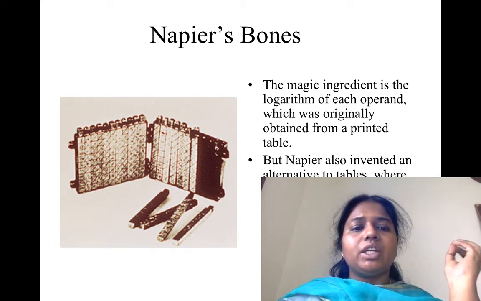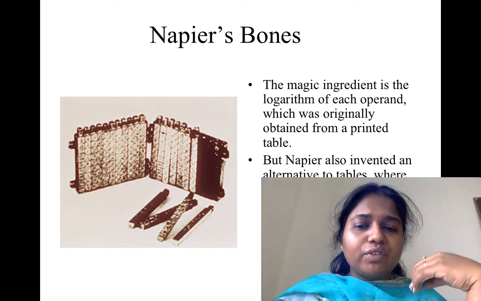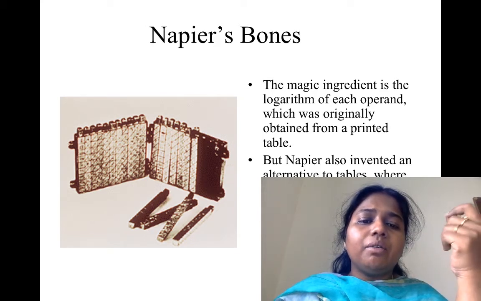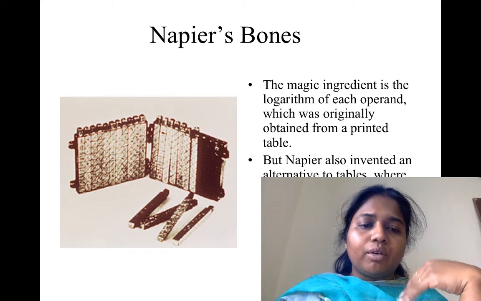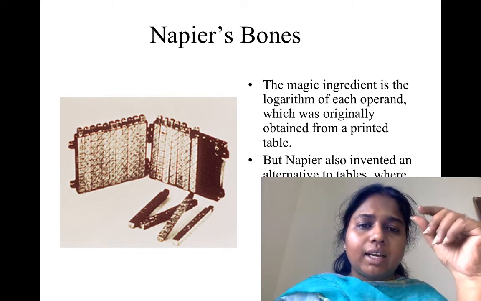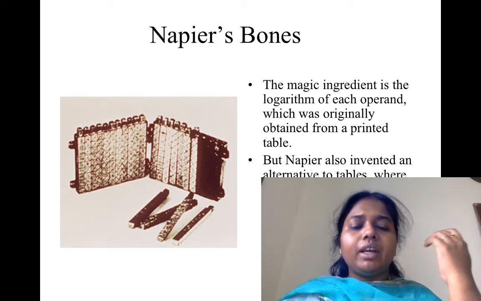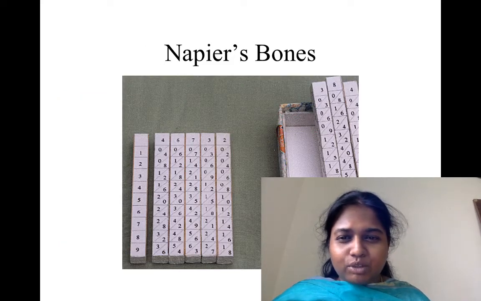Napier's bones were cuboid-like rods, and on the surfaces of these rods were numbers engraved. The numbers were written in such a way that the entire surface was divided into 9 or 10 rows, and each box on that surface was divided using a diagonal line. You can see a very clear picture of Napier's bones here.